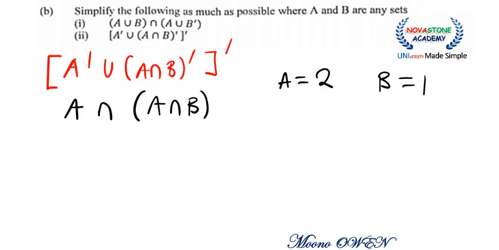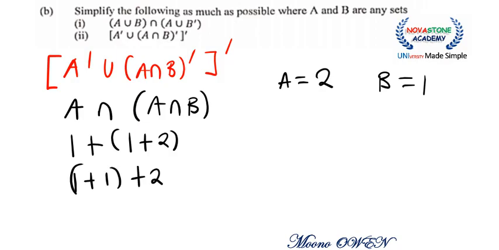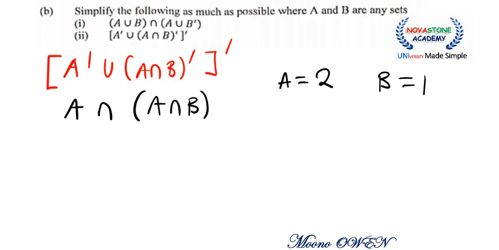If I say 1 plus 1 plus 2, am I going to get the same answer as 1 plus 1 plus 2 grouped the other way? Let's start with the first one. 1 plus 1 plus 2, that is 3. 3 plus 1, that is 4. When I come to the other side, 1 plus 1 is 2, and 2 plus 2 is 4 as well. So we're getting the same answer.